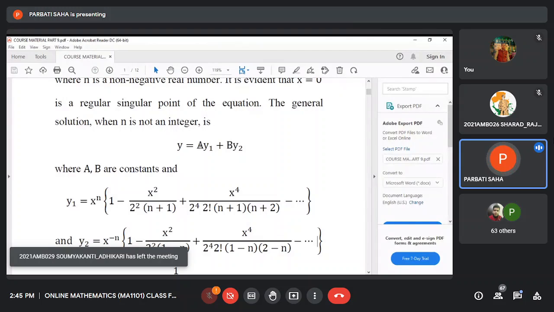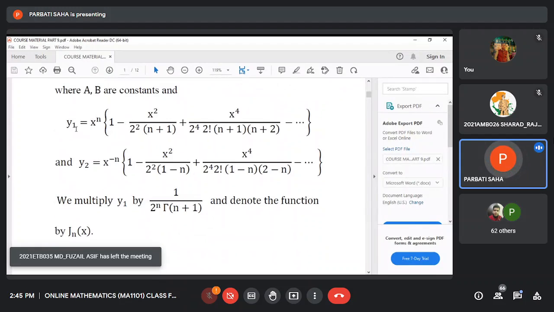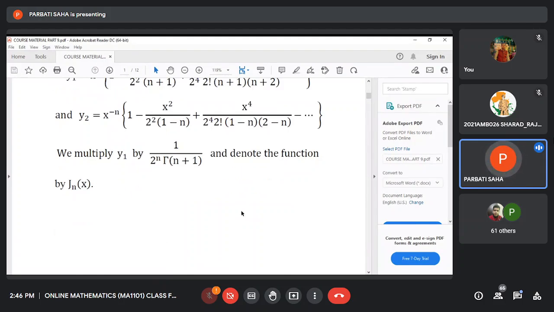Now, if we multiply y1 by this constant, involving the gamma function, which I think is known to all of you, and denote the function by Jn(x).